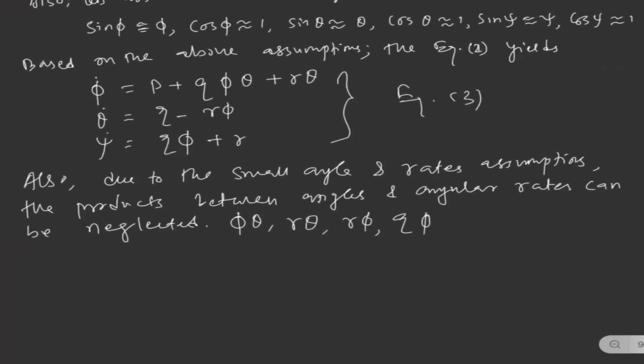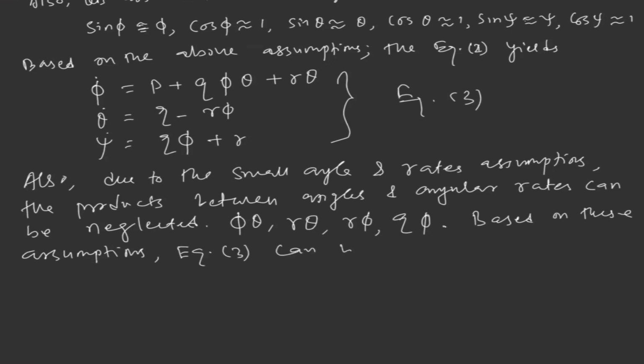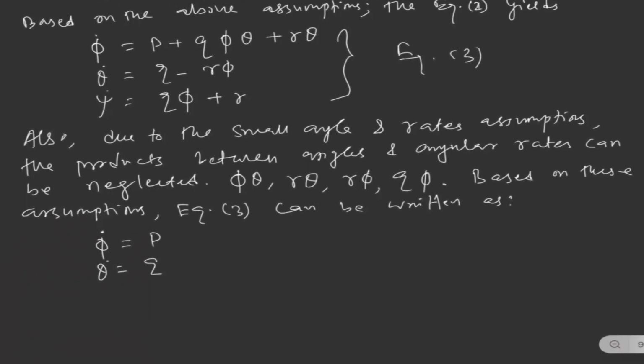Based on these assumptions, equation 3 can be written as phi dot equal to p, and theta dot equal to q, and psi dot equal to r.